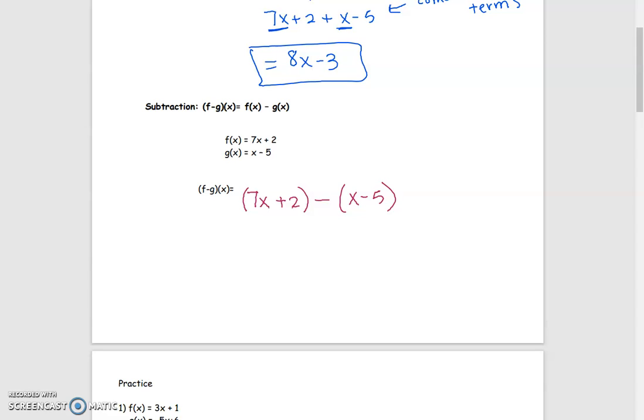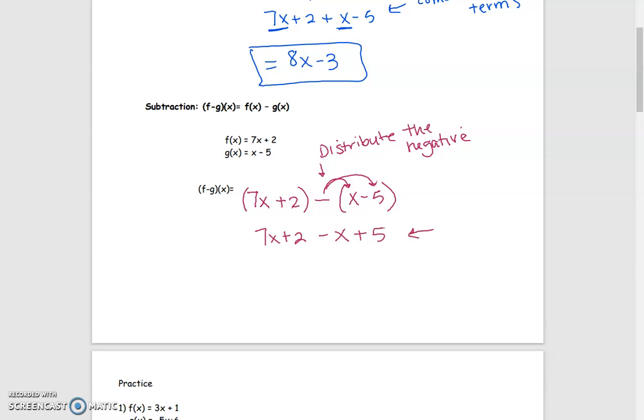So this right here, we're going to distribute the negative. So 7x plus 2 minus x plus 5.